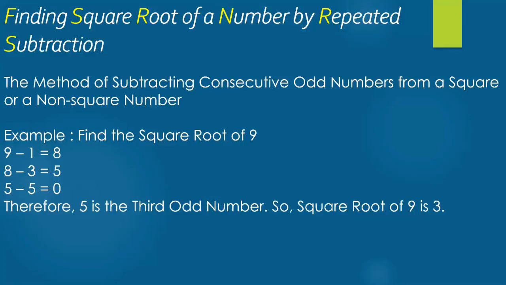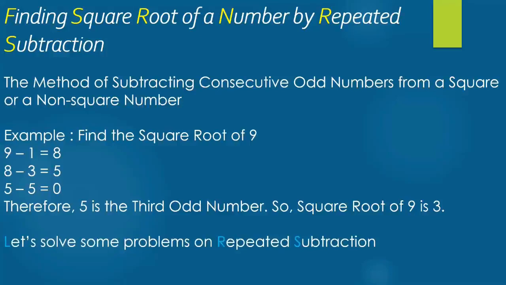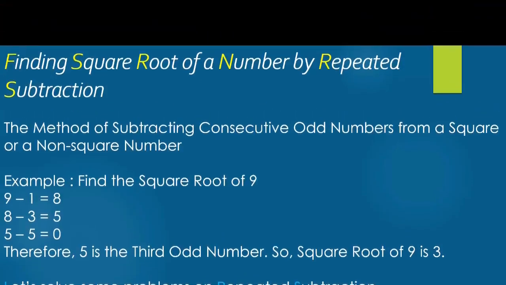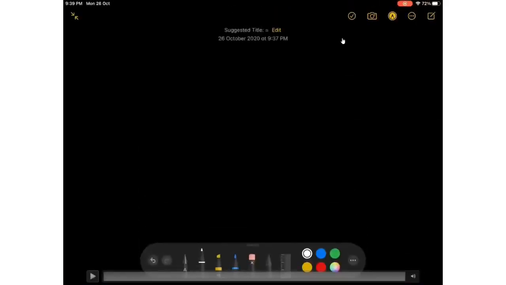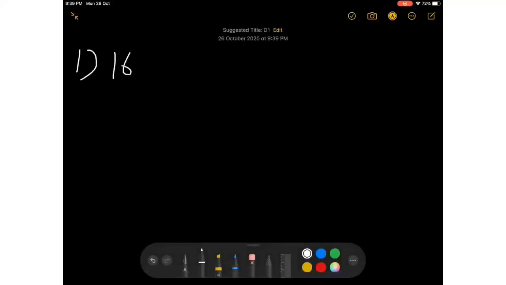To make this easier, let's solve some sums on repeated subtraction. Let's solve the first sum on repeated subtraction, which is 169. 169 minus the first odd number, which is 1, is equal to 168.